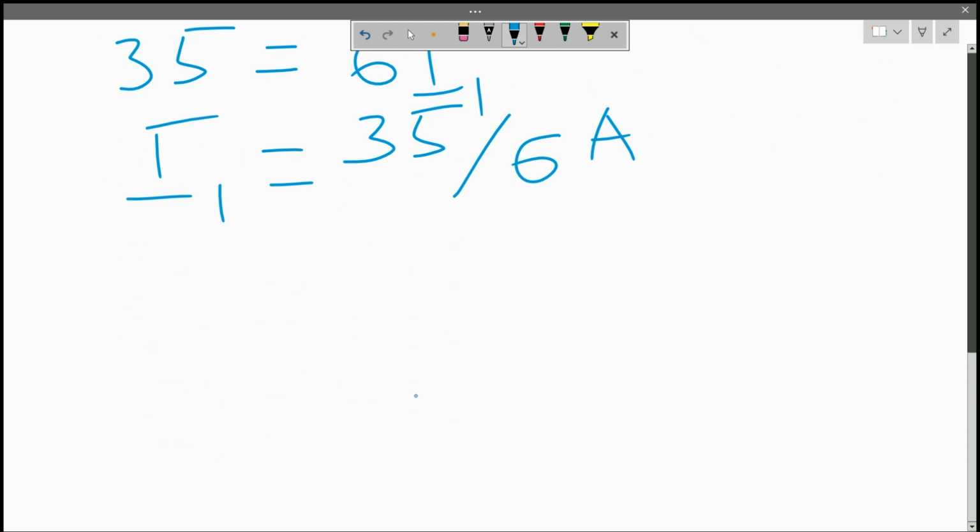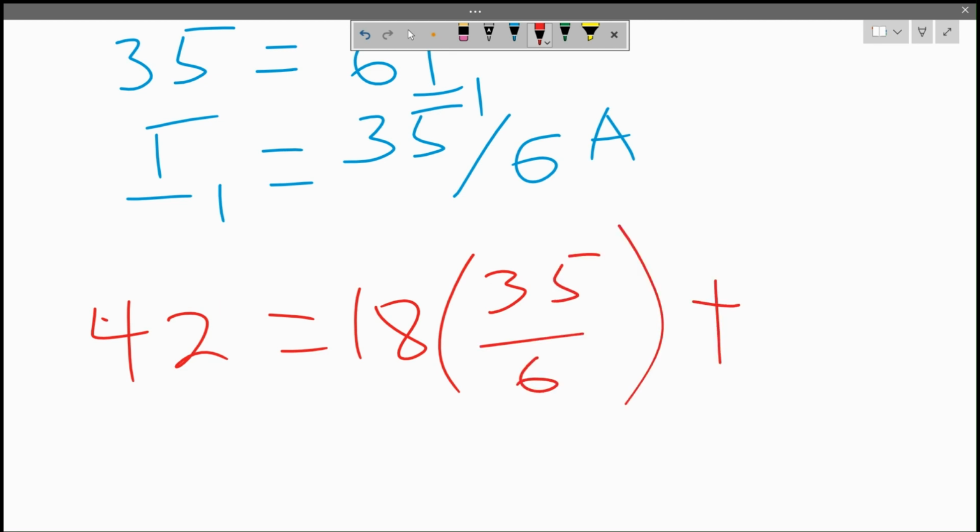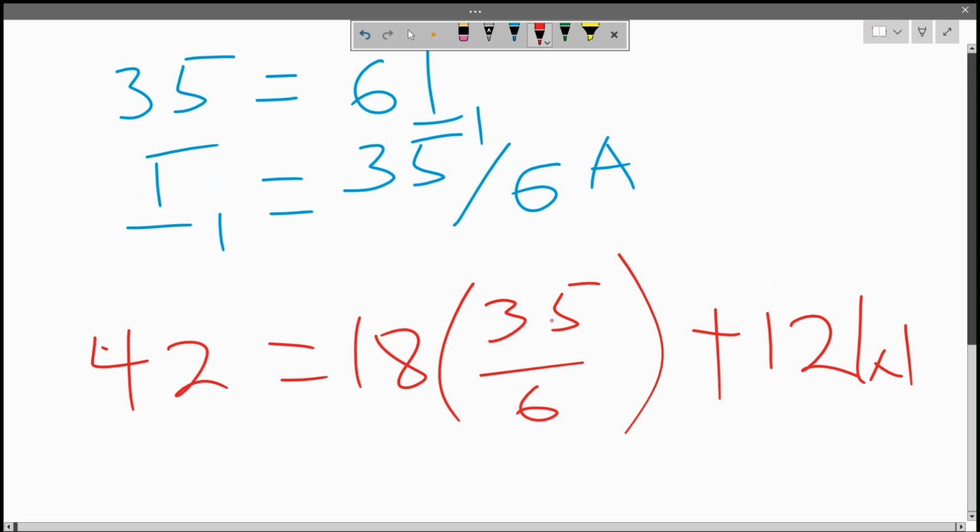Substituting the value of I1 into equation 1, we are going to have 42 equal to 18 into bracket 35 over 6, plus 12 IN.